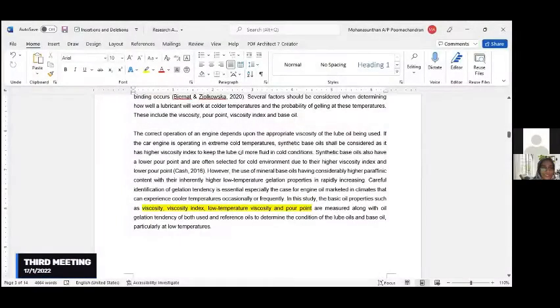So, hi, Sharifah. Okay, we have discussed that we want to focus on the effect of temperature on the oil changes, right? Yes. The basic properties we want to evaluate, we discussed last time.